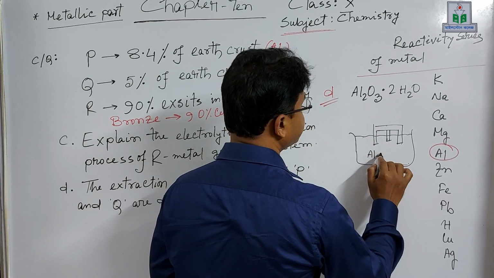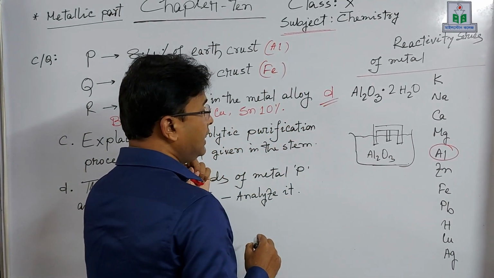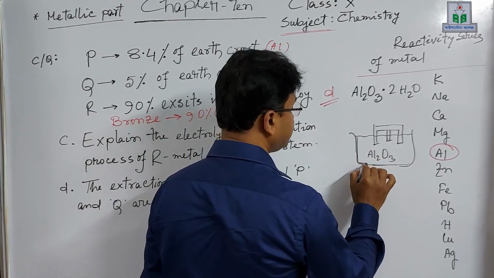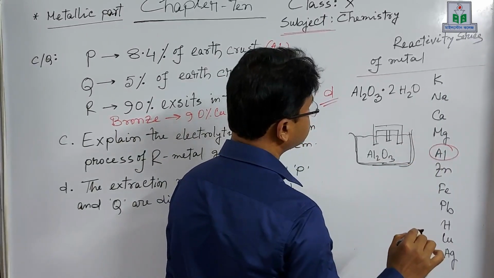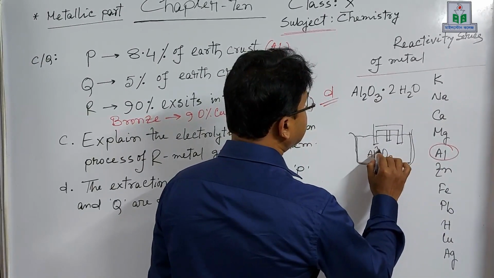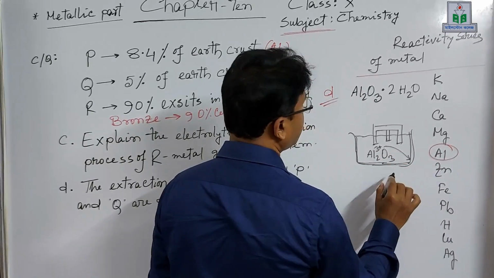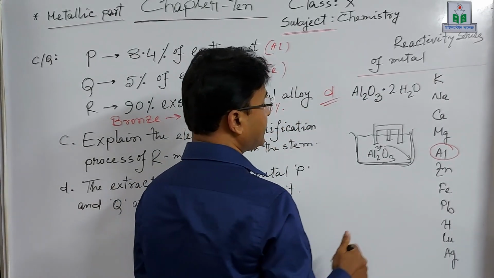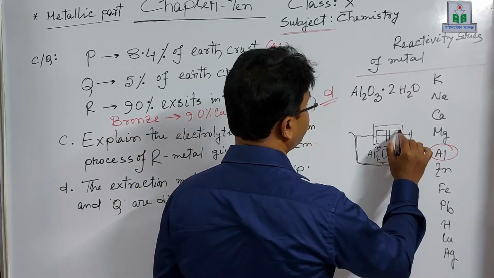Aluminum oxide is taken in a steel tank, and a layer of graphite is given on the inner side of the steel tank, which is used as cathode. Three graphite rods are inserted, which are known as anode.